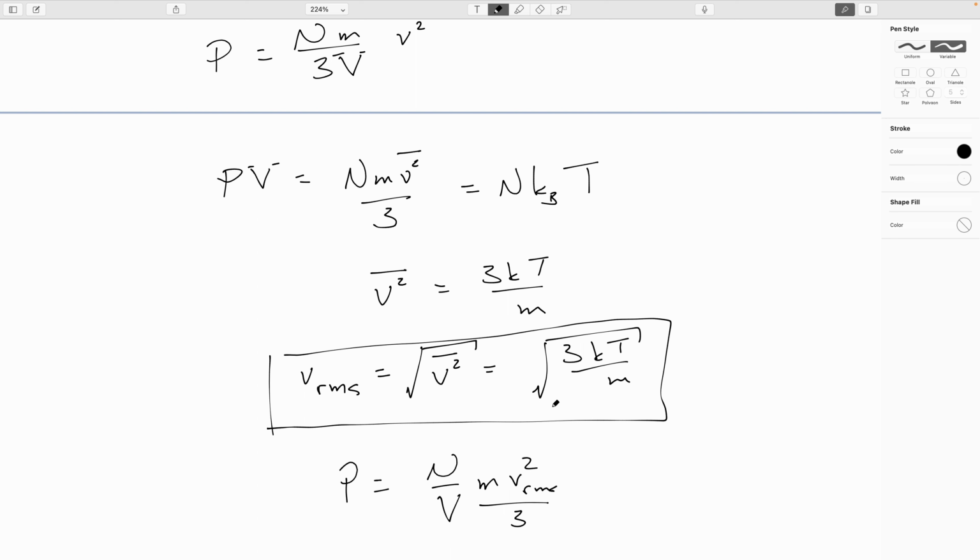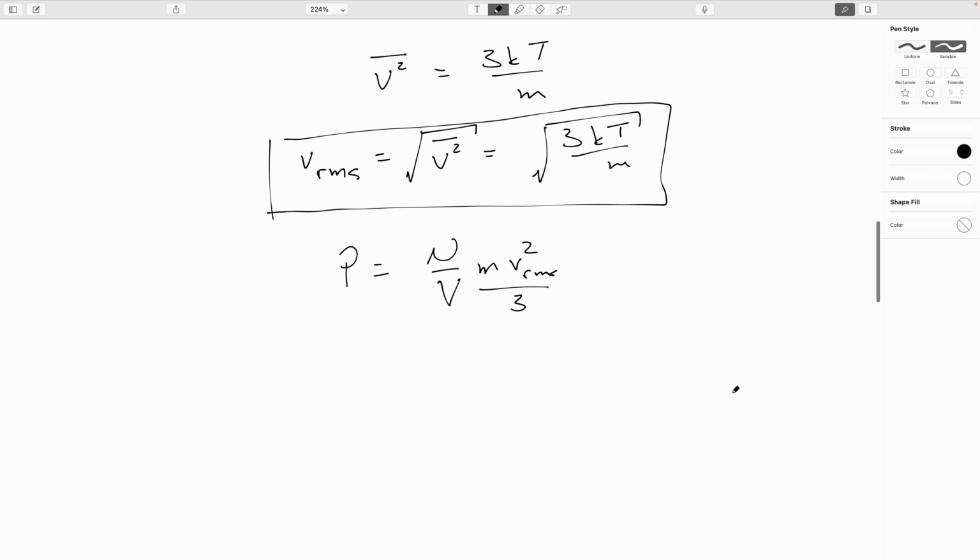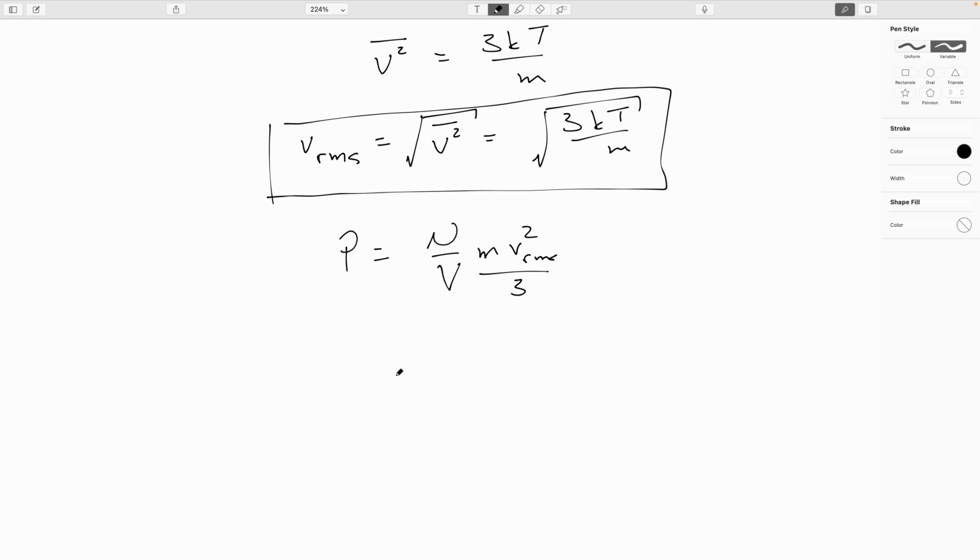So again, this m v RMS squared is looking awful energy-ish. And so now we can see that the pressure is related to the energy density of the particles. All right, so on that note, let's figure out what the average energy of my particle is.